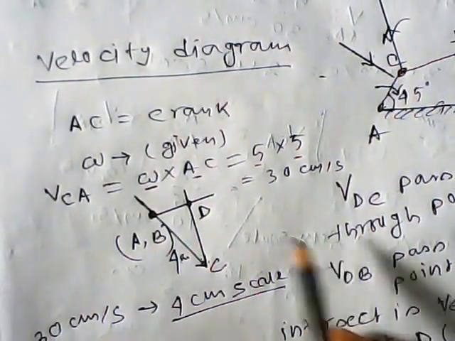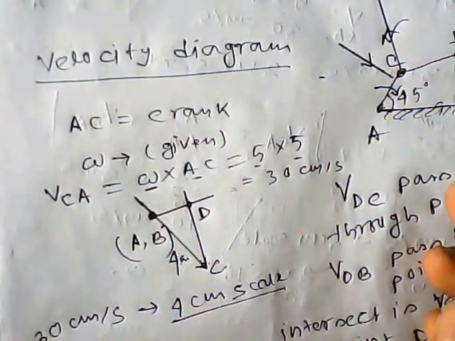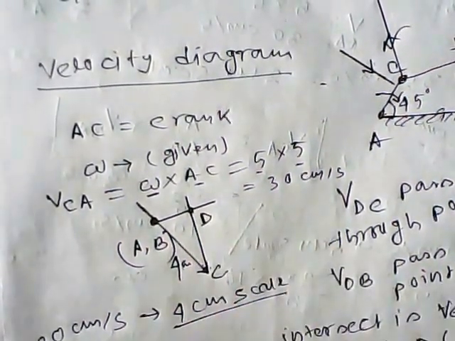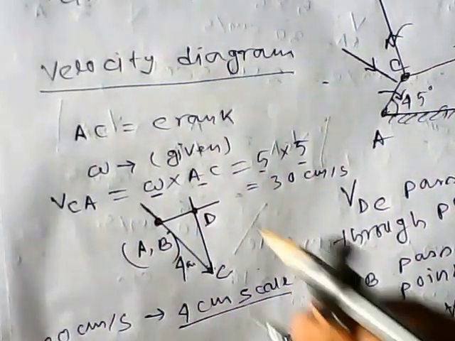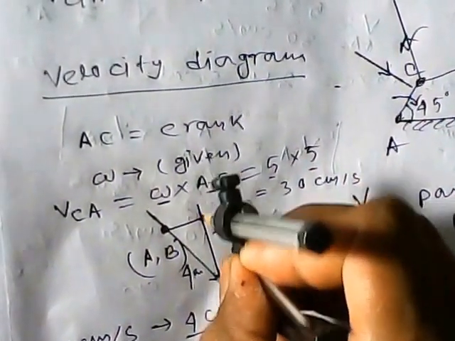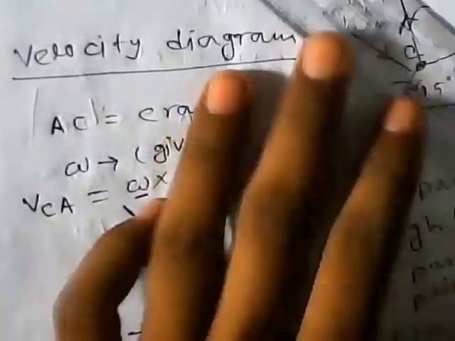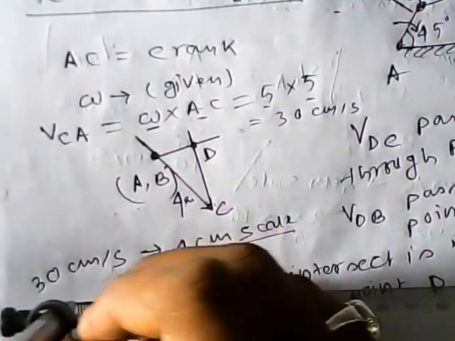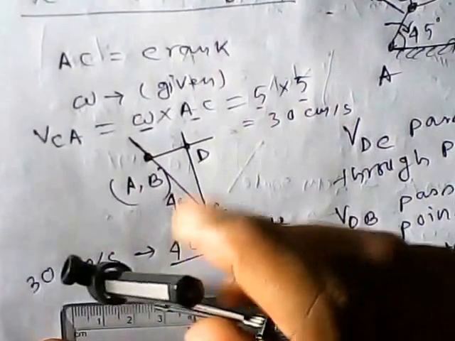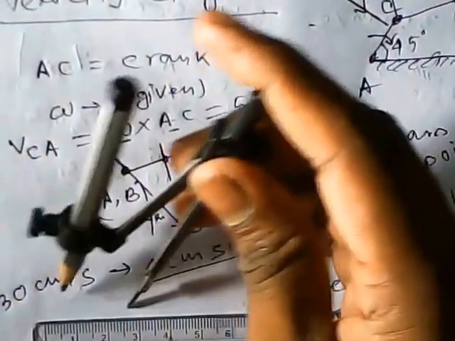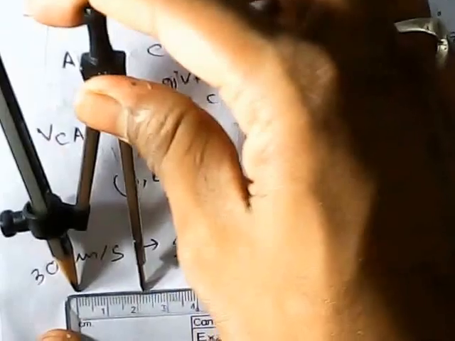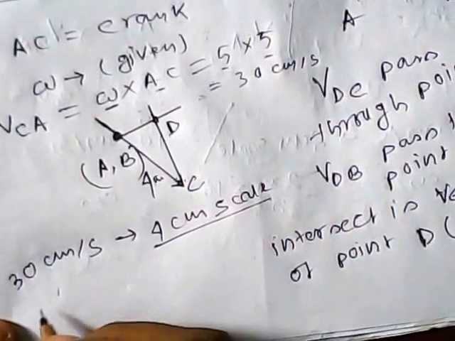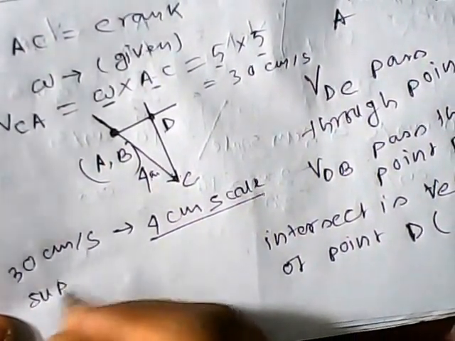Now if we measure from C to D, we can find the velocity of D with respect to C. Suppose C to D gives some measurement, 3 centimeter or 2 centimeter, and 4 centimeter means 30 centimeter per second velocity. So 2 or 3 centimeter means we can find the velocity of D with respect to point C.